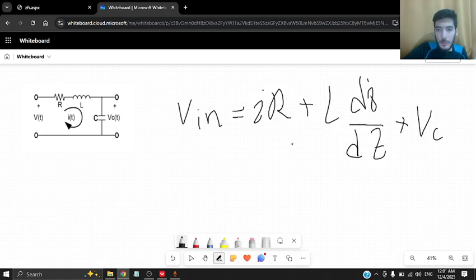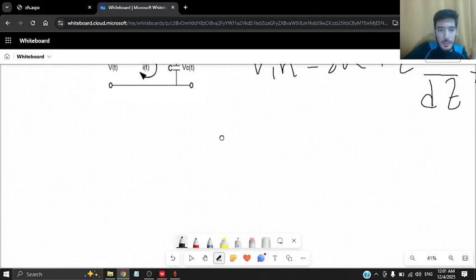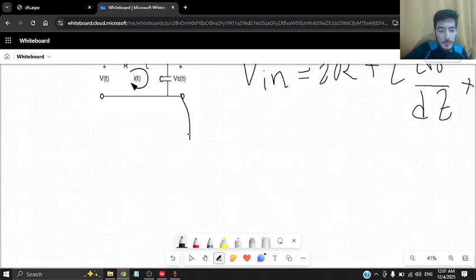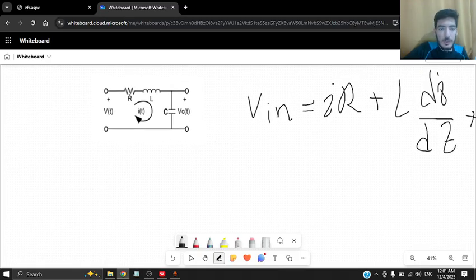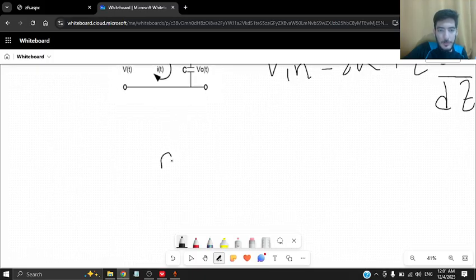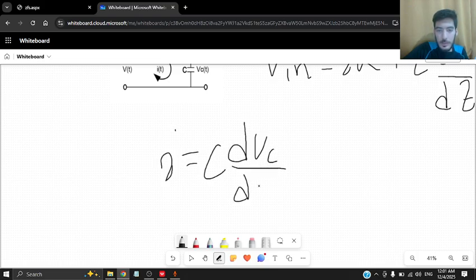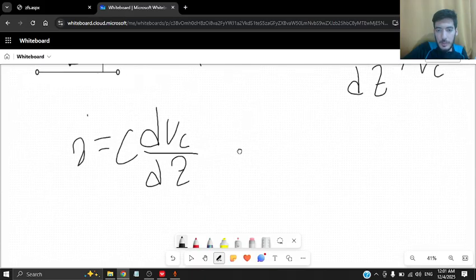Now for the current here in this equation, we know that the current across the resistor and inductor is similar to the one across the capacitor, and the current across the capacitor can be written as C multiplied by the differentiation of the voltage across the capacitor in respect to time.